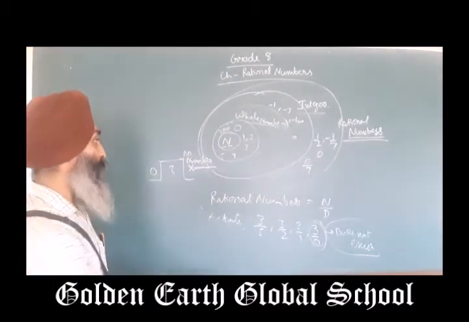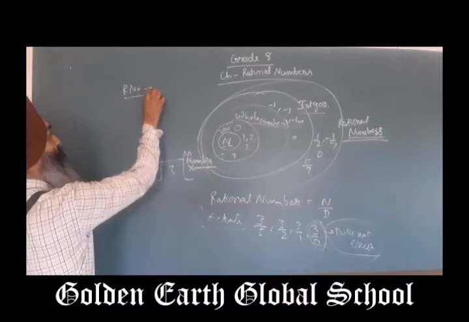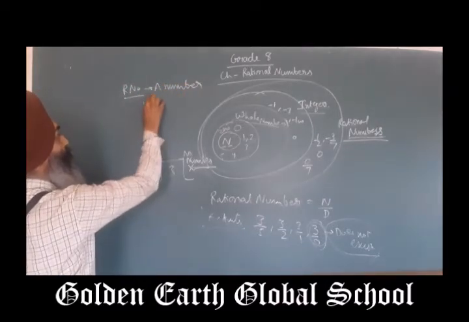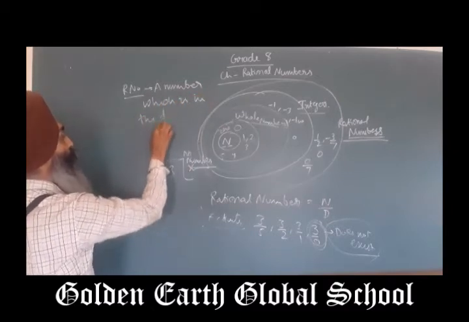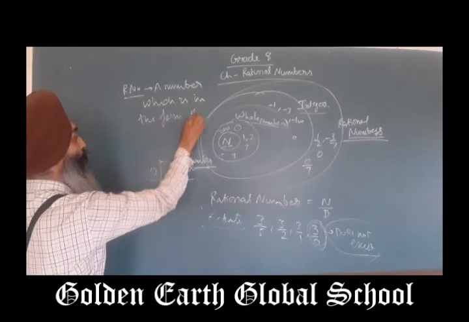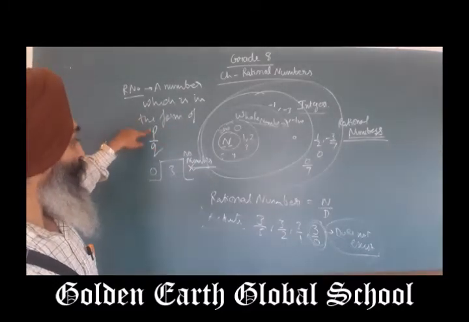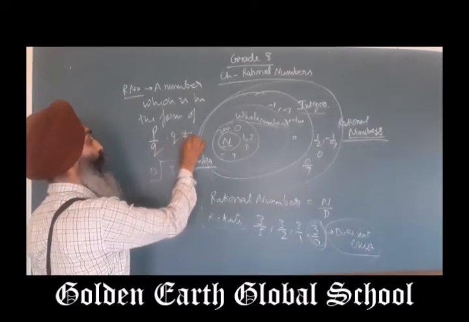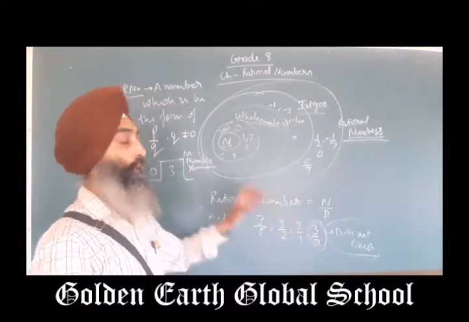So the definition of rational number is a number which is in the form of p upon q, p numerator, q denominator, and q is not equal to 0. मतलब जो denominator है वो 0 नहीं होना चाहिए.